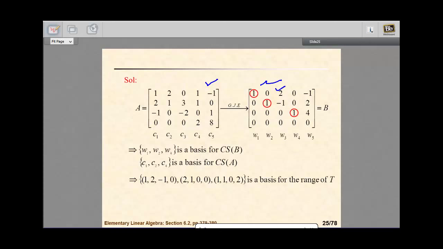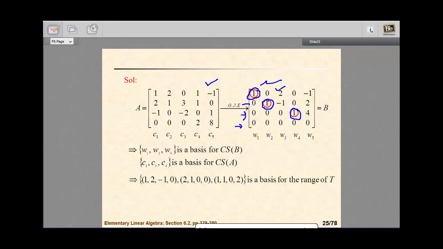So now what is the basis? If you remember, the basis will be the first element, and after that in the second row the first non-zero pivotal 1, and in the third row the first non-zero pivotal 1, and in the fourth row, all are 0, there is nothing.